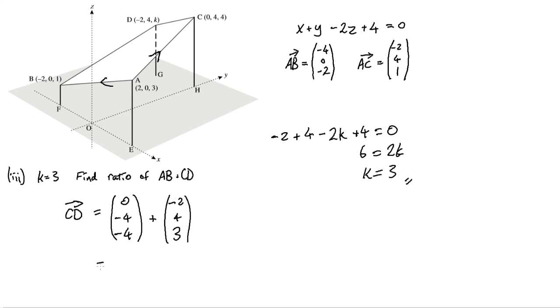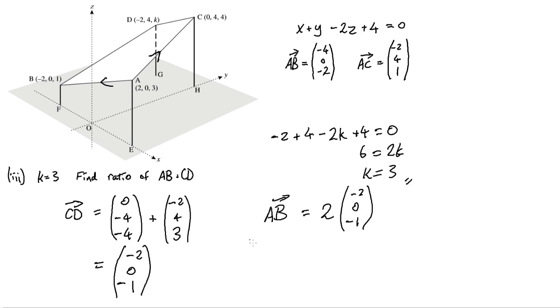Or if you can't do the first part, you can just use its answer, which gives you minus 2, 0, minus 1. And it turns out that this and the vector AB, which is minus 4, 0, and minus 2, is simply 2 lots of minus 2, 0, and minus 1.